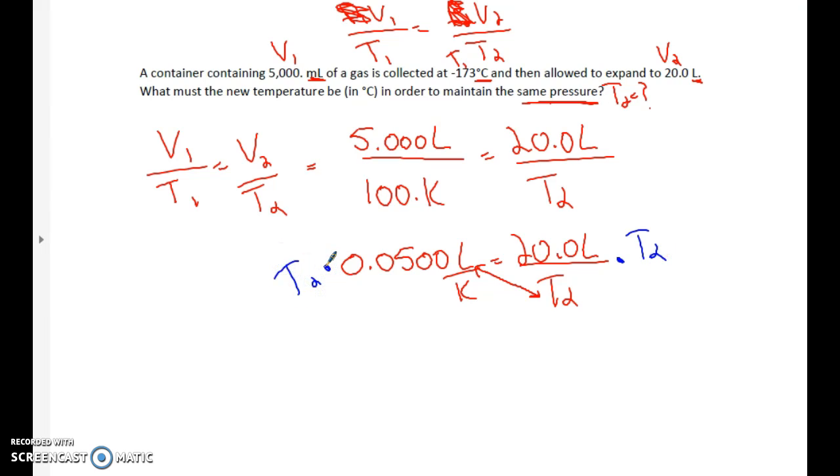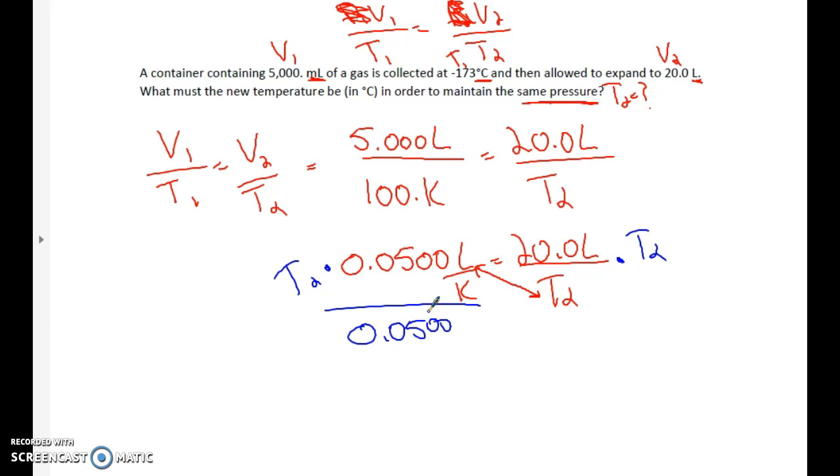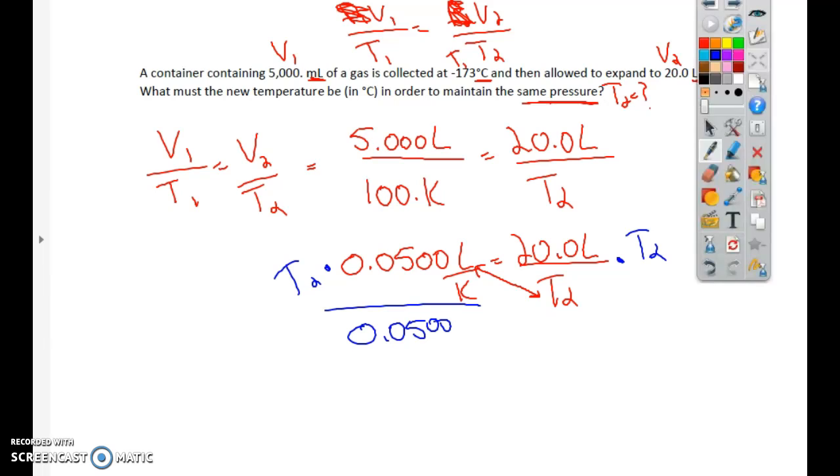And now you want to get rid of this 0.0500, so you divide both sides by 0.0500, and what you end up getting there is T2, and that number ends up switching places. So let me clean this up a little bit.